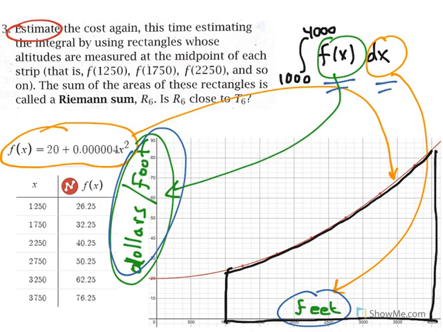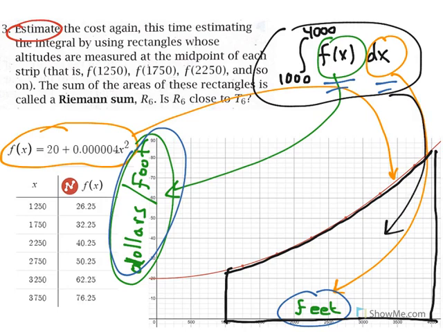Because this definite integral represents that area, which in the context of the problem would represent the cost of drilling from 1,000 feet deep to 4,000 feet deep, given in dollars. So 3 is asking you to approximate this definite integral, or this area, in a particular way. So let's see how you would do that.